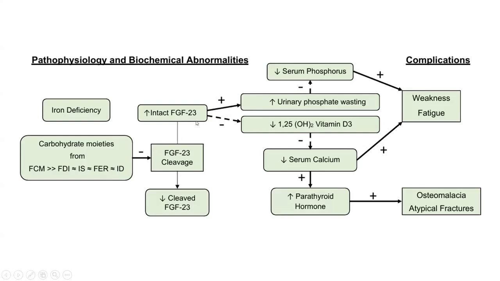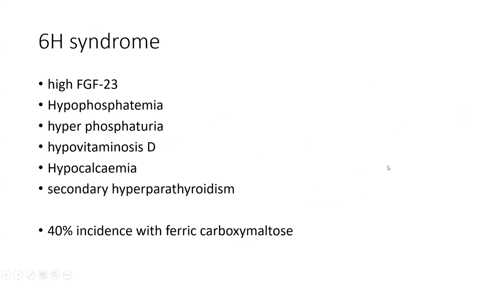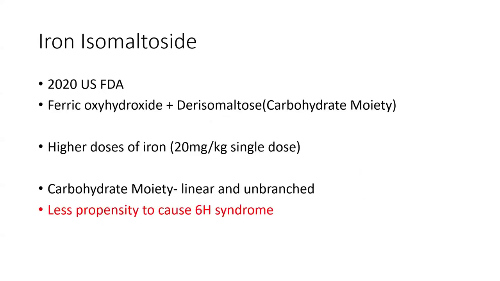And since FGF23 inhibits 1-alpha hydroxylation, the levels of 1,25 vitamin D3 also come down. This gives rise to low levels of calcium, which again triggers hyperparathyroidism. This is what is called the 6H syndrome. High FGF23, hypophosphatemia, hyperphosphaturia, hypovitaminosis D, hypocalcemia, and secondary hyperparathyroidism. And it was found that the incidence was almost 40% in patients with ferric carboxymaltose.